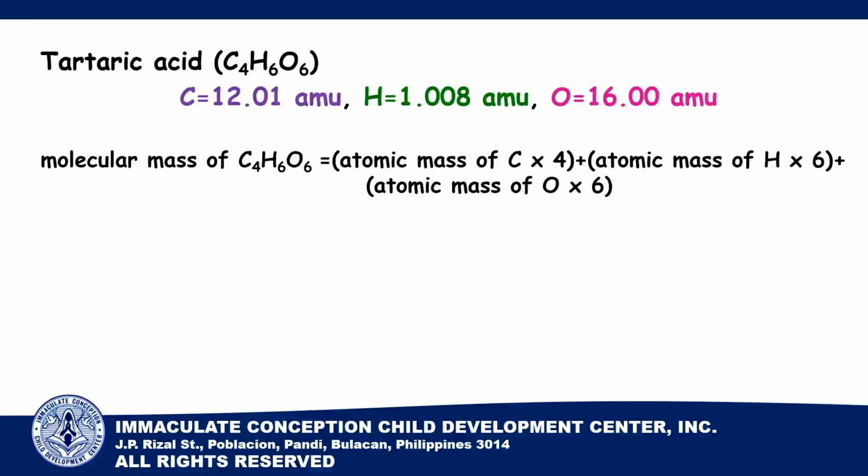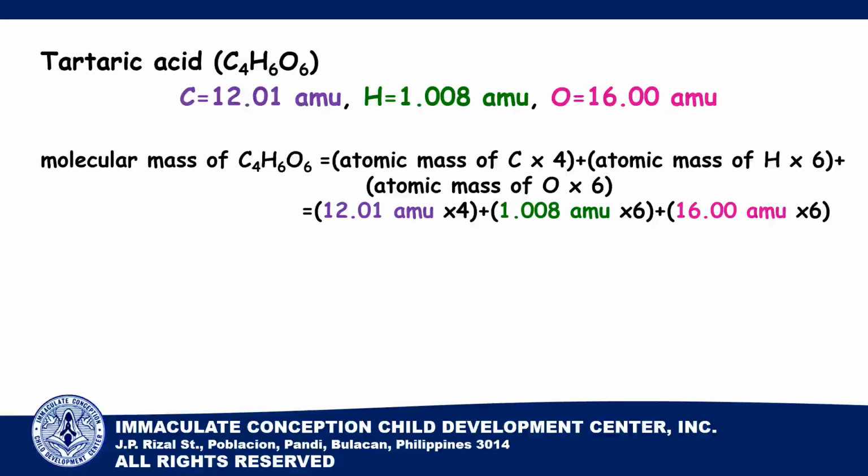That is the atomic mass of carbon multiplied by 4, plus the atomic mass of hydrogen multiplied by 6, plus the atomic mass of oxygen multiplied by 6. Substituting the atomic masses will give us 12.01 AMU times 4 plus 1.008 AMU times 6 plus 16.00 AMU times 6.